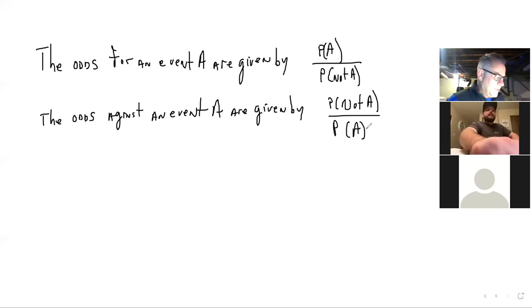So as an example here, if I were to look at what are the odds of getting two heads when tossing two coins together, what are the odds against it?